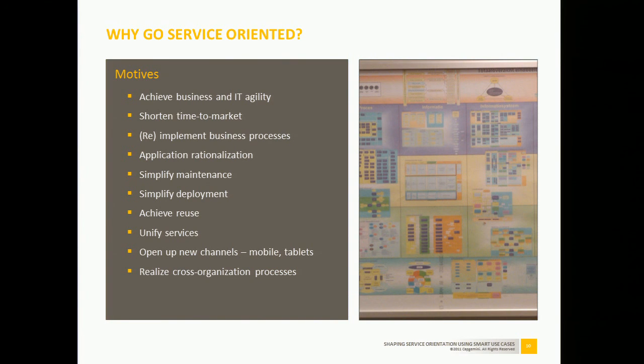Getting that reuse will allow you to do the next project better, and maybe even cheaper, because you're reusing stuff. And that will give you a shorter time to market: implement the new business processes sooner, and get them into production sooner than you would in such a complex landscape. Another argument is that people are trying to rationalize their application landscape.